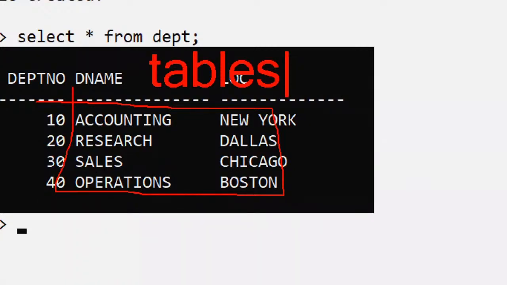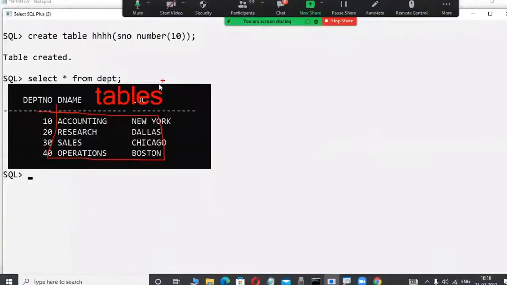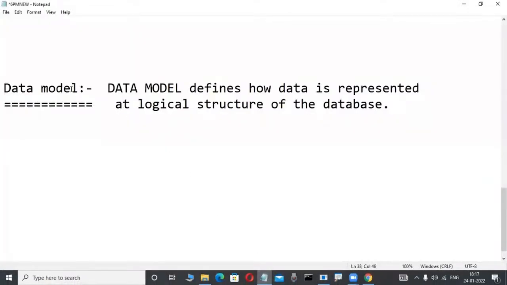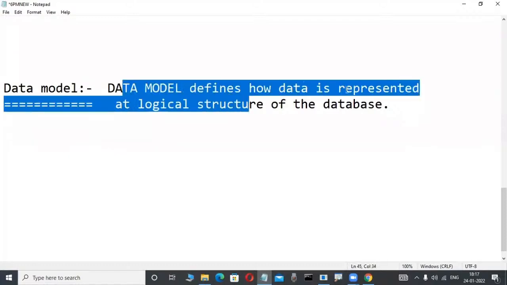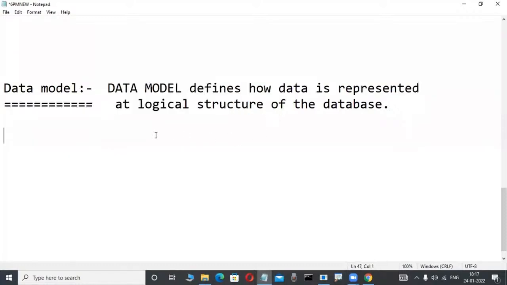Hierarchical data model, network data model, and some other data models were there. IMS software and IDMS software were there in those days. But nowadays, a data model defines how data is represented at the logical structure of the database.